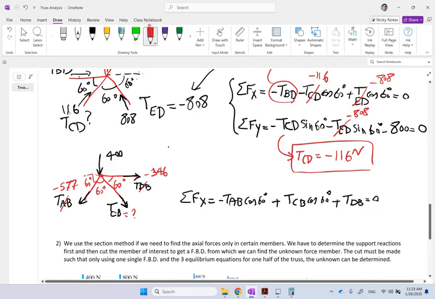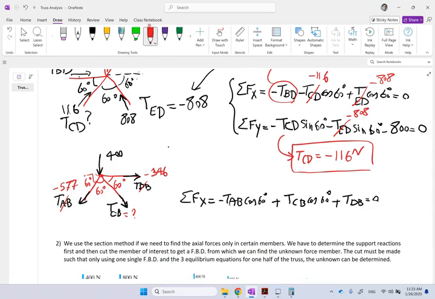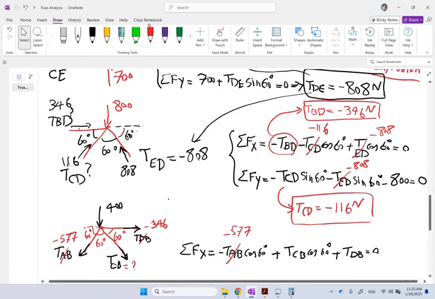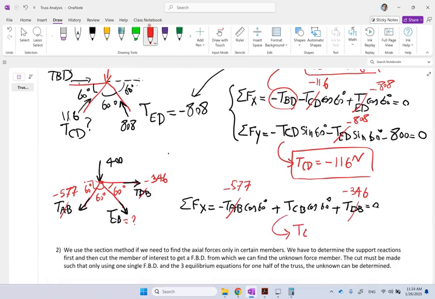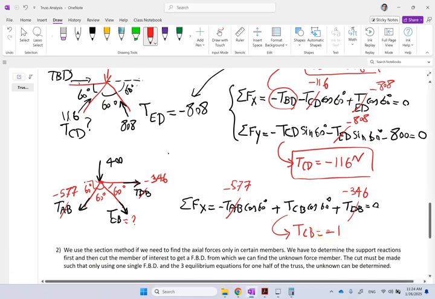Sum of the force X is equal to 0, and again TAB is given, and T of DB is also given, so negative 346, and that means I can calculate that T of CB here. That is going to be negative 177 Newton.